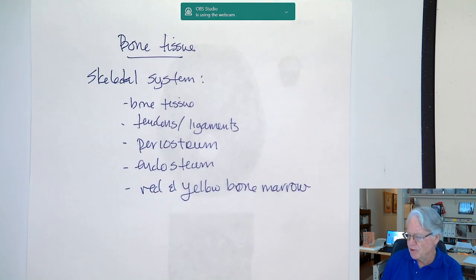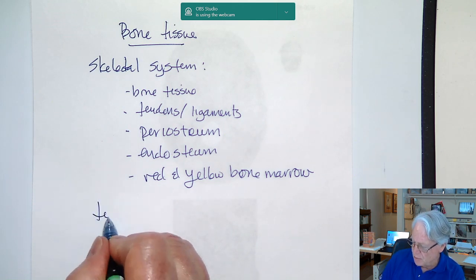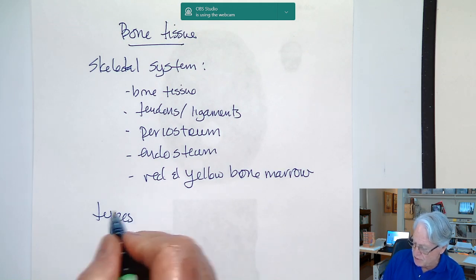So it fits all those requirements, and we're going to get into the real details of how bone is put together, as I said, in the chapter on bone tissue. But let's just cover some of the basics today, and then we'll come back later and get into more detail.